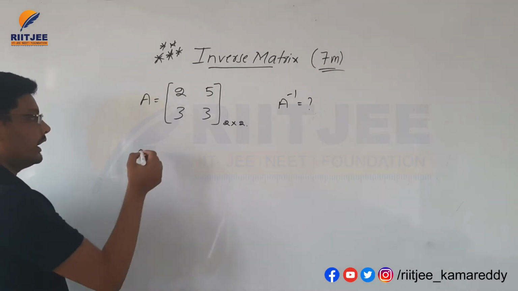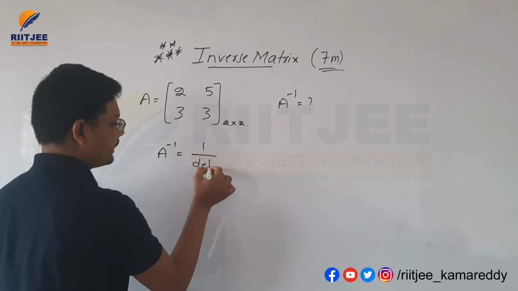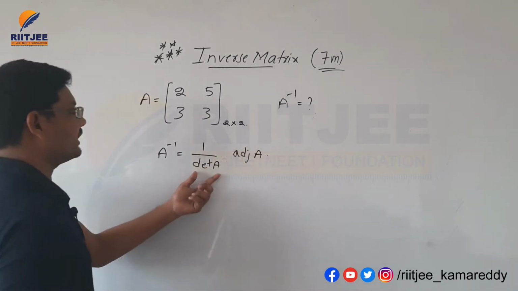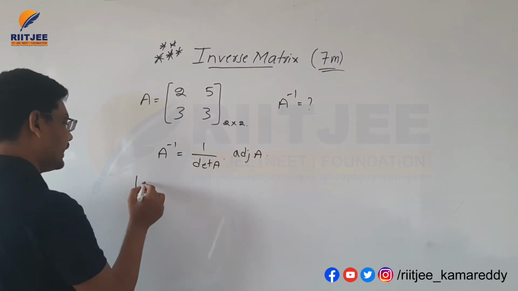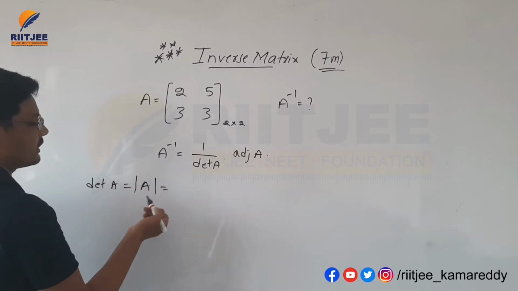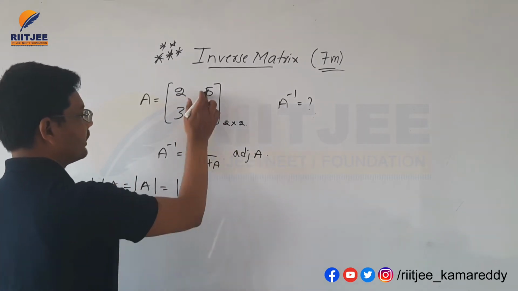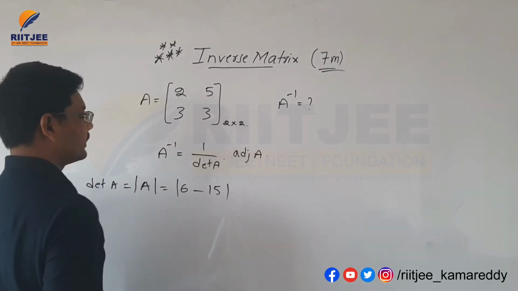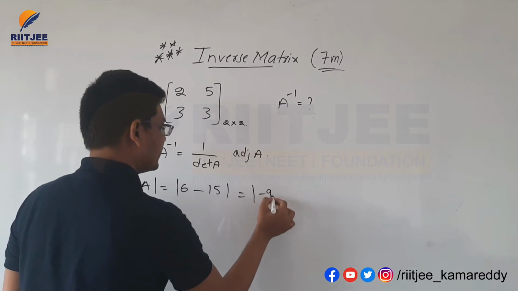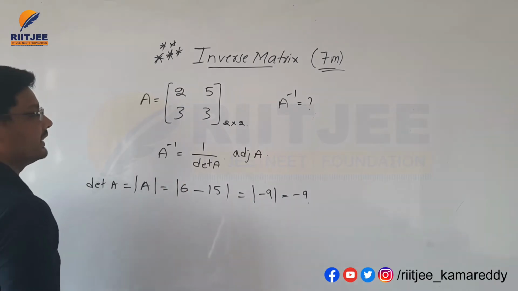The formula is A inverse equal to 1 by det A into adjoint A. Det A, or modulus of A, is equal to 3 into 2 is 6 minus 5 into 3 is 15. That is 6 minus 15, which is minus 9. Det A is equal to minus 9.